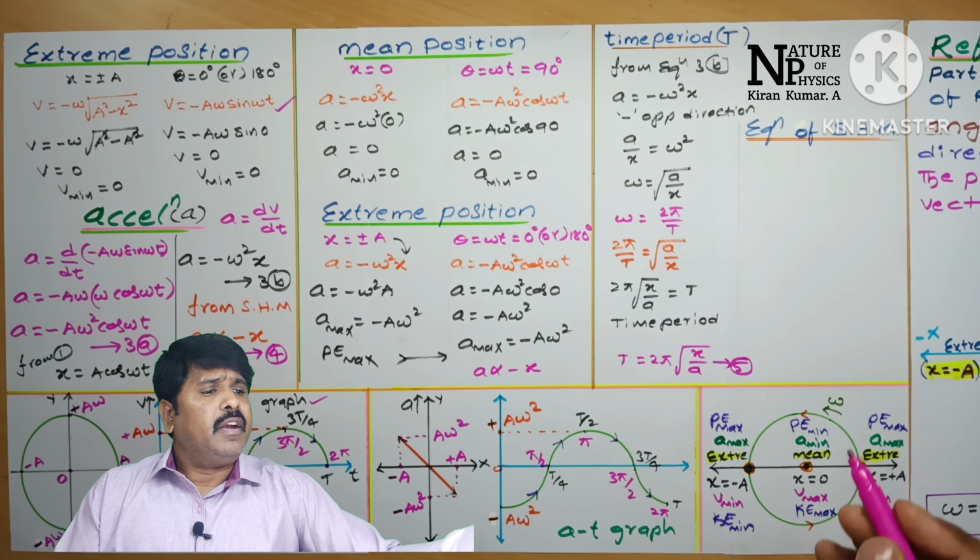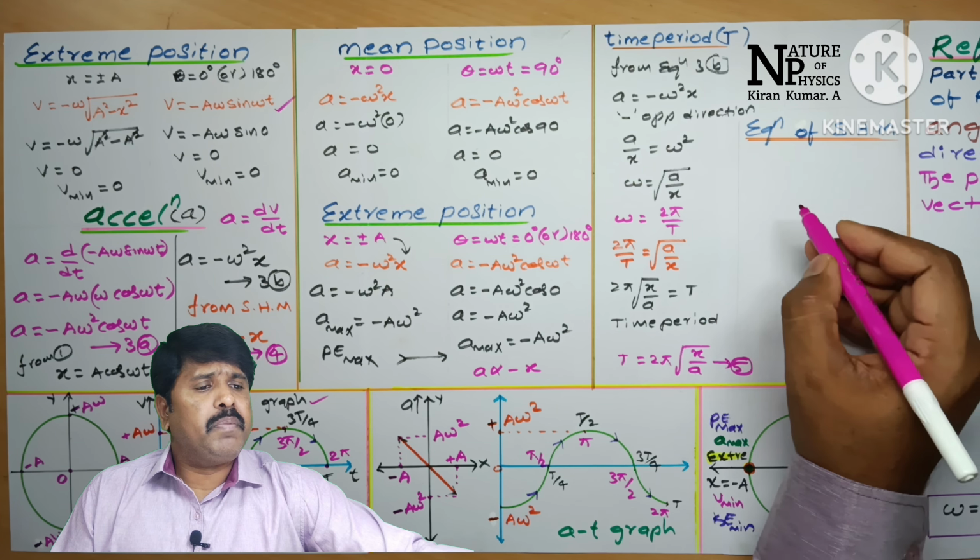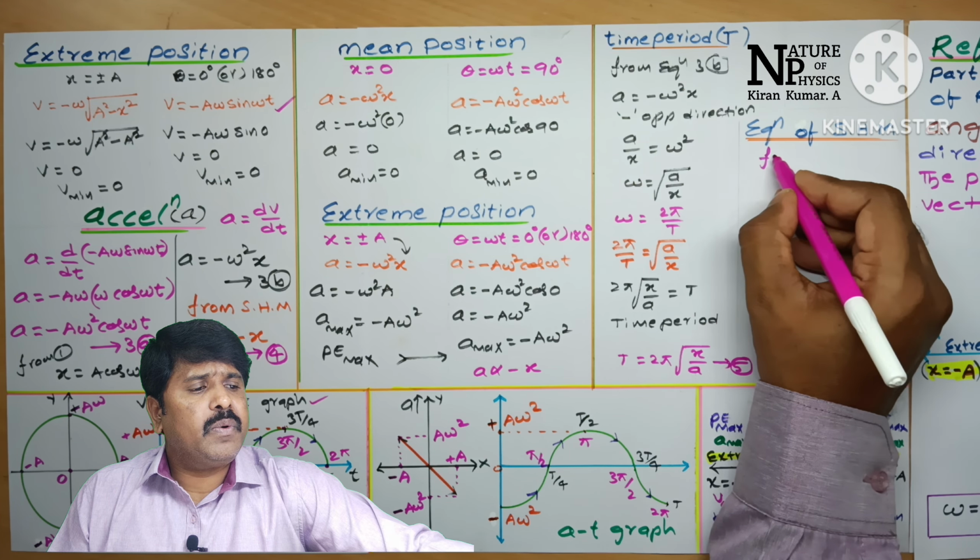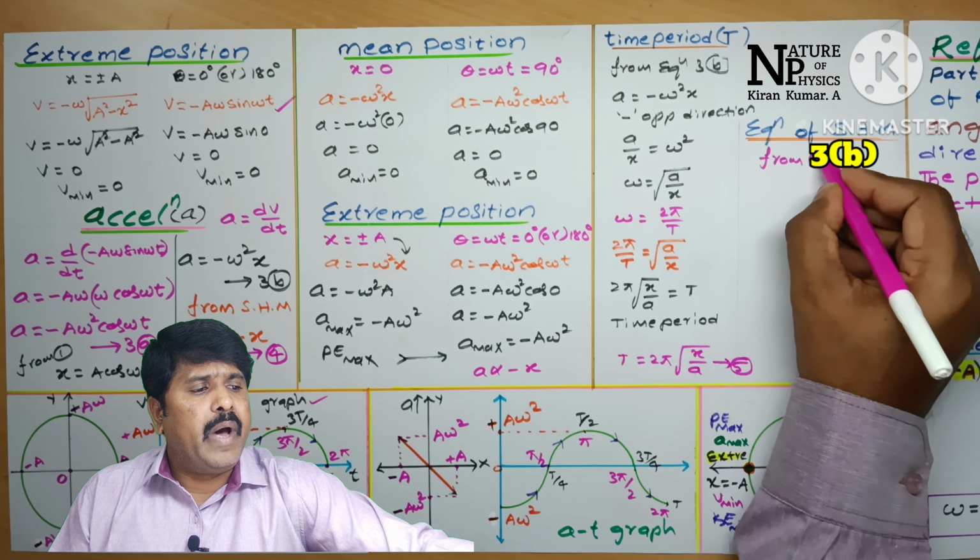Okay, and then next one is equation of simple harmonic motion. This is also from equation number 1.